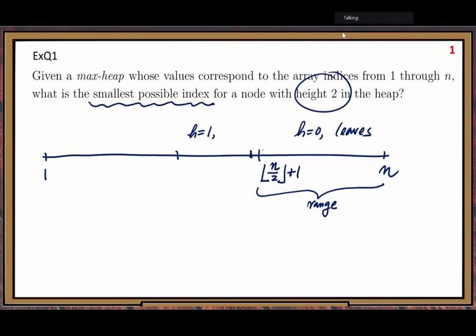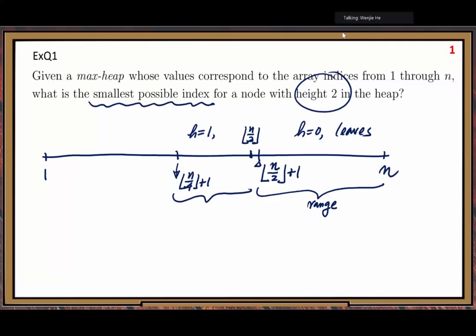Because this is n over 2, the one right before it is the left end of the range of the leaf interval. The lower part is n over 4 plus 1. Based on our formula, that is the range: n over 4 plus 1.